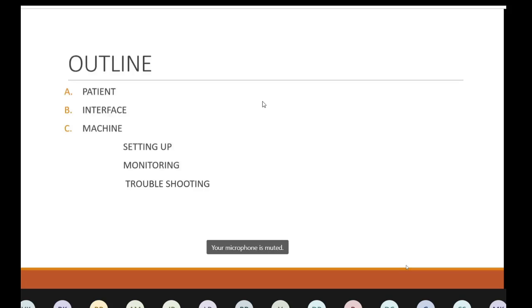You can allow a leak of 30 liters; most machines will compensate well for this. Whereas a leak higher than 60 is very high, and you have to troubleshoot and find out what is causing the leak. These leaks will cause asynchrony and all sorts of problems.